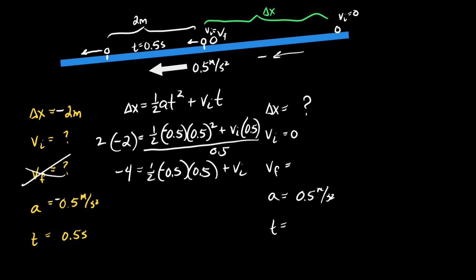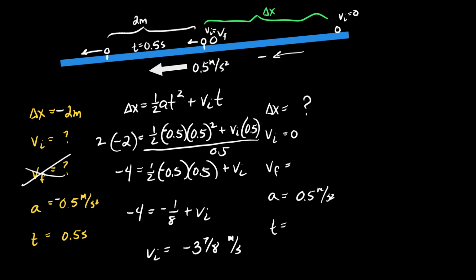Any question about that? Good. 1/2 times 1/2 times 1/2 is 1/8. So this is negative 4 equals negative 1/8 plus vi. So vi must be negative 3 7/8 meters per second. Or if you don't like that, 3.875.